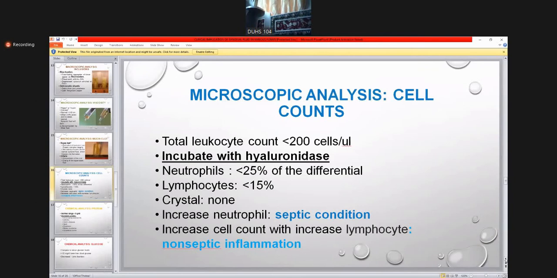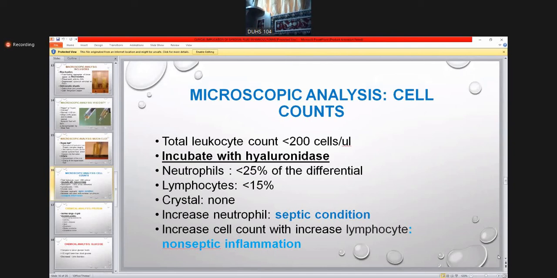Okay, now come to the macroscopic analysis. The total leukocyte count should be less than 200 cells per microliter. We incubated with hyaluronidase. Why did we incubate with hyaluronidase? Because the synovial fluid is very viscous, and the viscosity and hyaluronic content can affect the counting of the WBCs. It causes inaccuracy in pipetting.